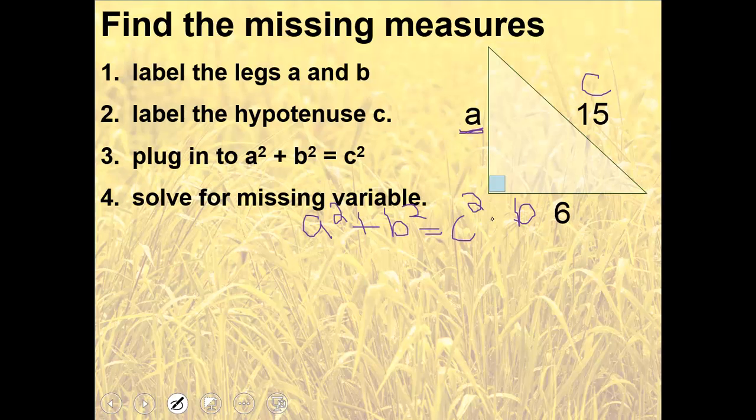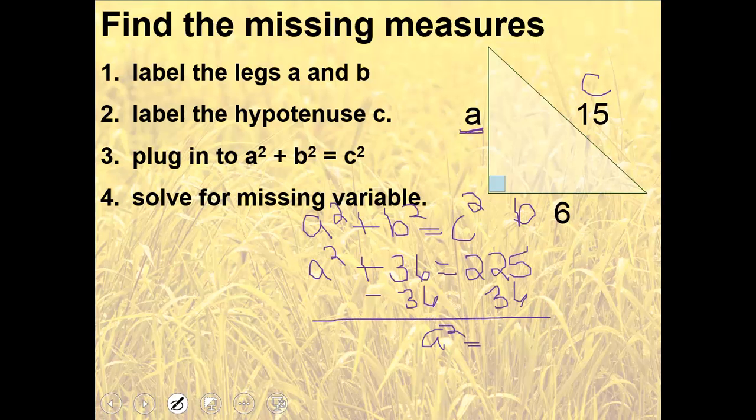So A, I don't know. I get A squared plus B is 6, so 6 squared is 36. And 15 squared is 225. Now I subtract 36 from both sides, and I get A squared is equal to 189. Now I have to take the square root of both sides because square rooting undoes squaring.